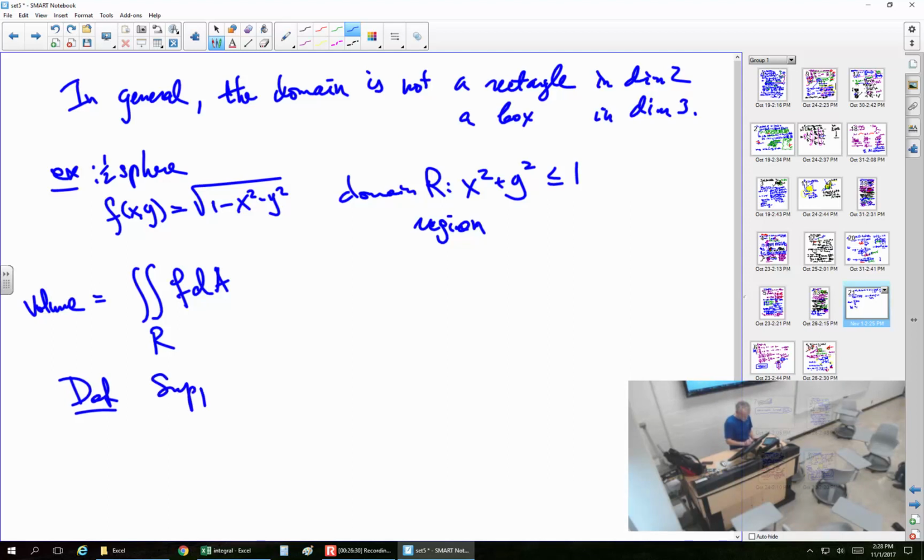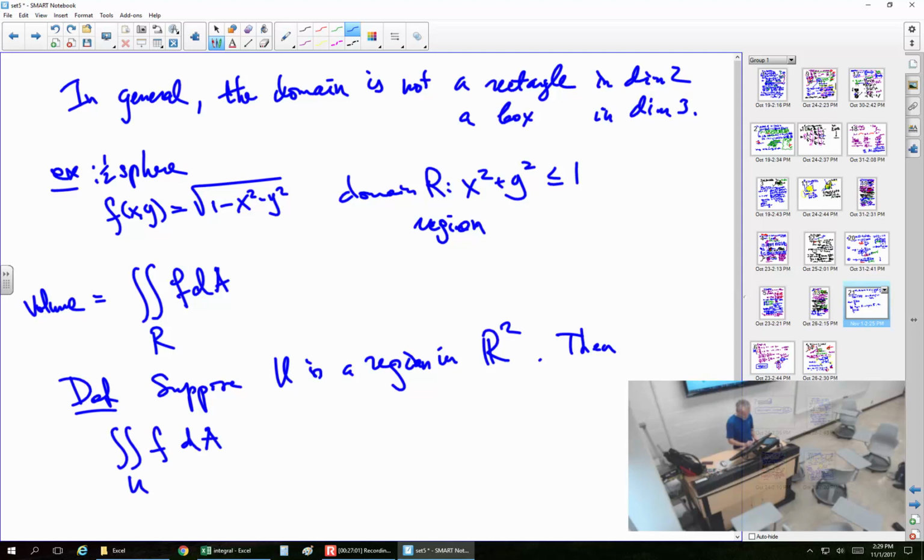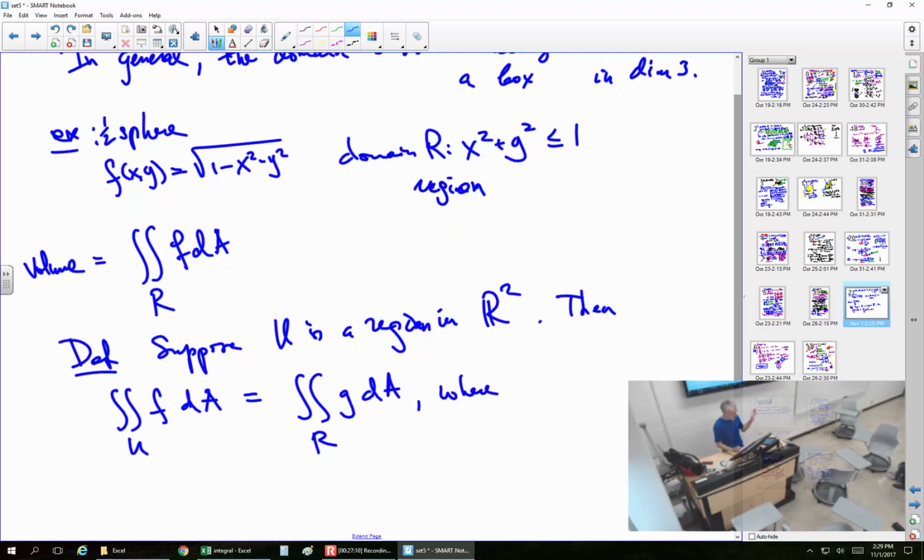So suppose U is a region on a plane. Then the double integral over U of f dA is equal to the double integral over R of g dA, where, once again, we replace this integral.